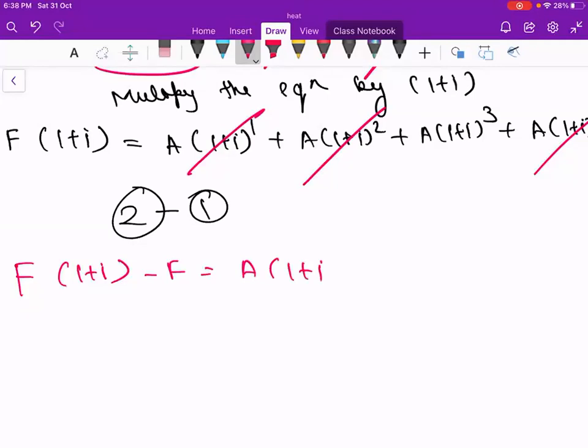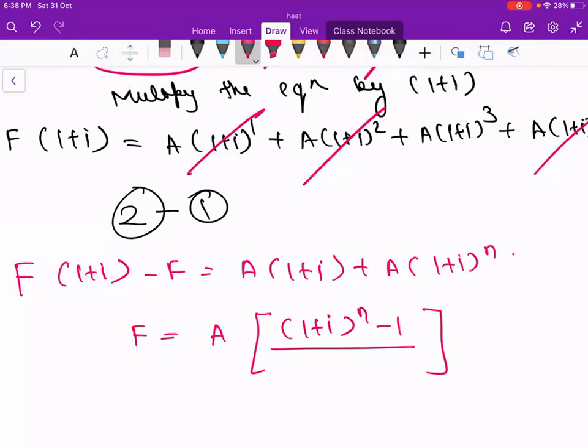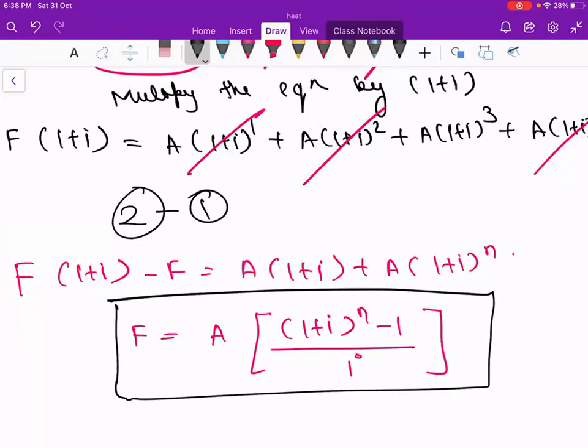And the final formula you will get: future value equals A((1 plus i)^n minus 1) upon i. This is the formula you have to remember from the GATE point of view.